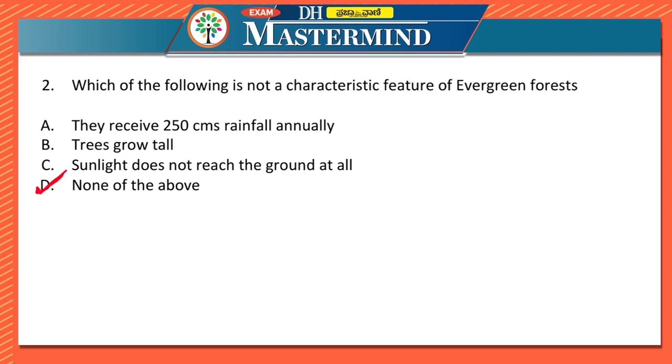Whenever we look at types of vegetation in Karnataka, they can be classified on the basis of rainfall, relief features and type of soils. So when we look at vegetation types, they can be classified into following types depending upon the rainfall, relief features and type of soil. In that, first one is evergreen forests.